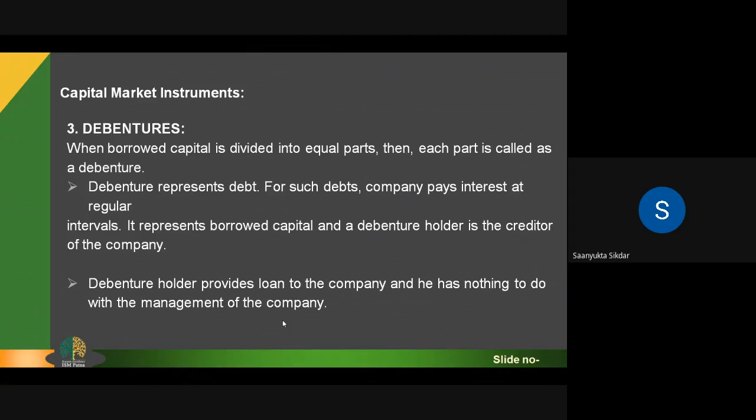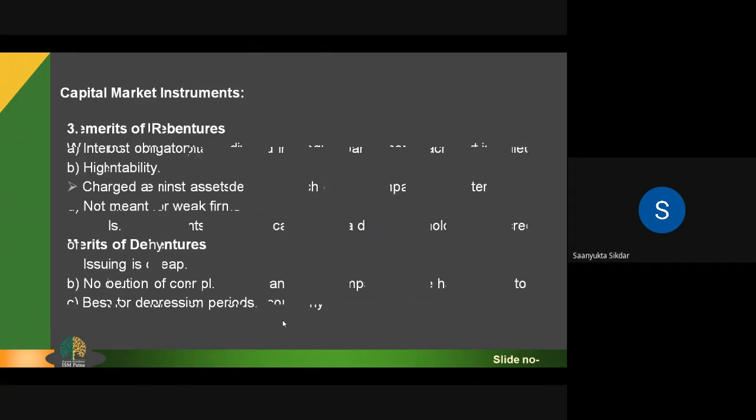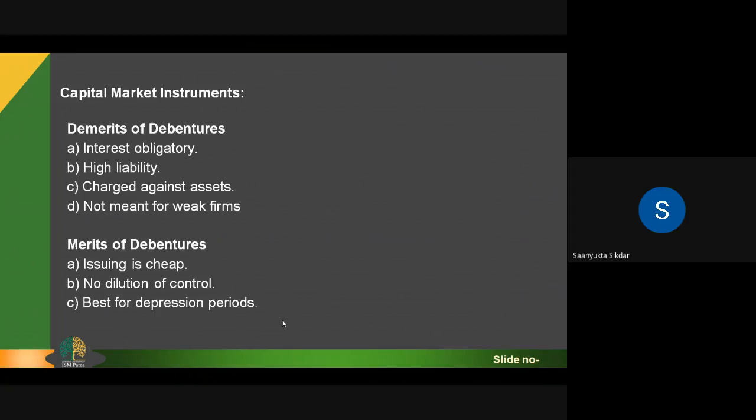It represents borrowed capital, and a debenture holder is a creditor of the company. Debenture holders provide a loan to the company, and they have nothing to do with the management of the company. They don't have any voting right. They are only the loan givers.